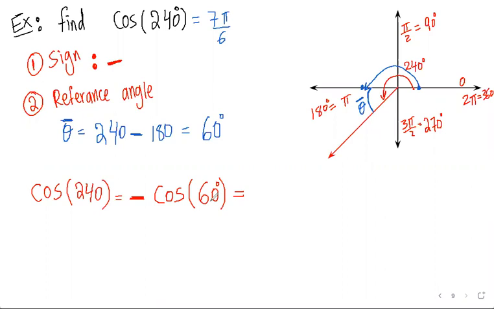One over 2. Yes, so it's 1/2. So it's equal negative 1/2. This is my answer. This is the value for cosine 240.